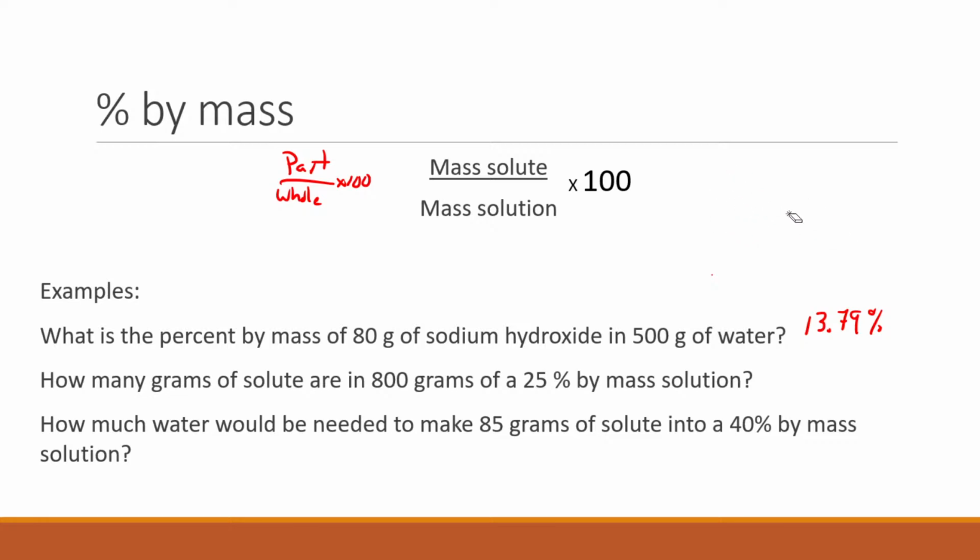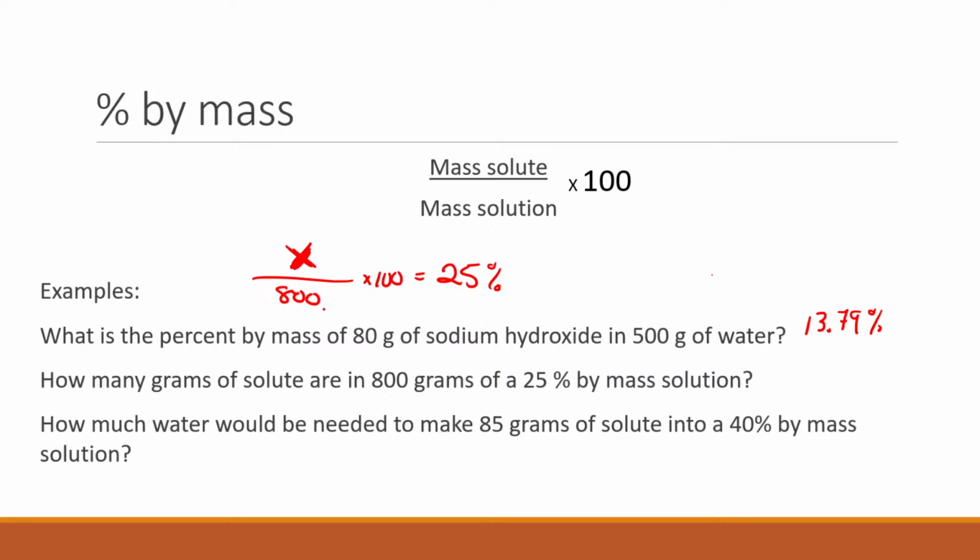The second question really shifts our focus a little bit. It tells you 800 grams of solution. And so we know that 800 grams is our denominator. And it tells you that we have a 25% by mass solution. And so we need to solve for x in this case, which depending on how good your math knowledge is, you can just look at this and solve it out.